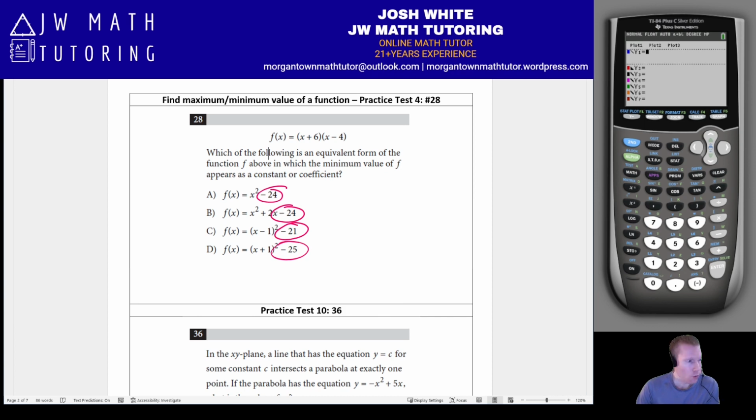So what we do is we can just graph out x plus 6 and then x minus 4.